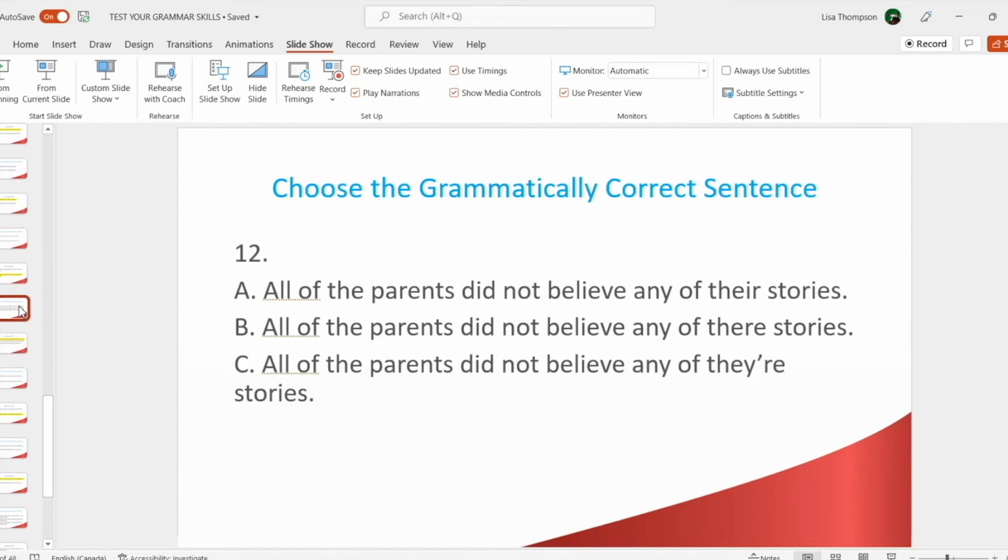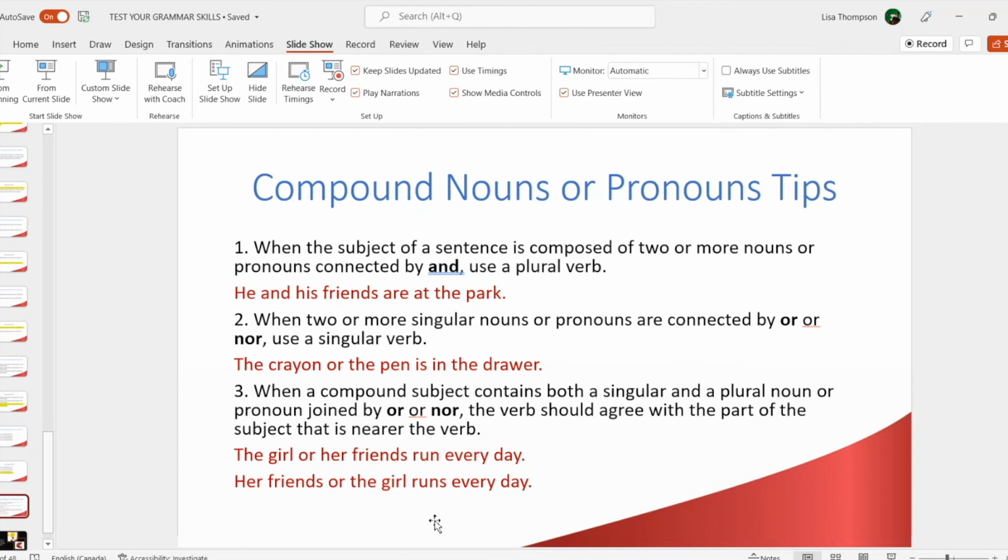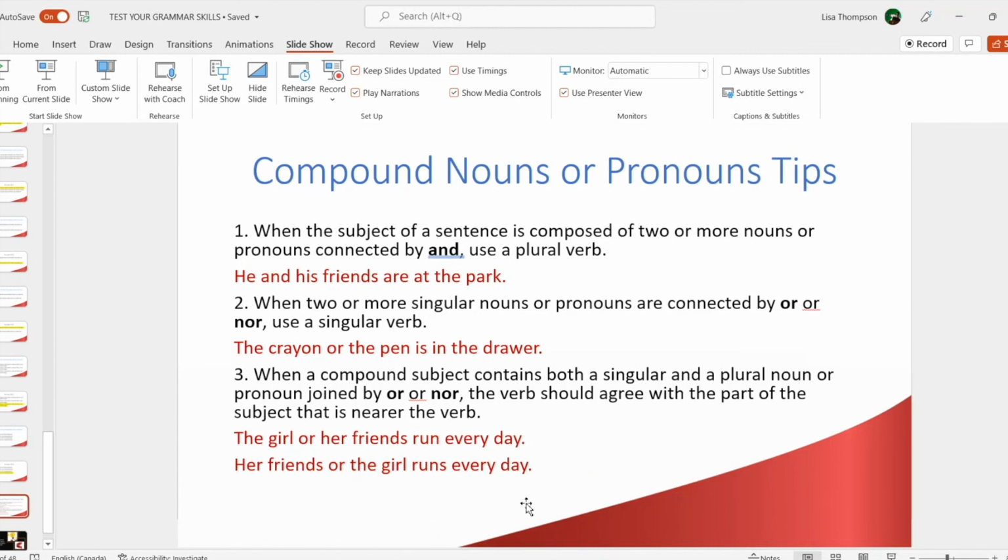Number 47. Okay, so what am I changing it to here to make it clearer for you? The example of two nouns with and: he and his friend.